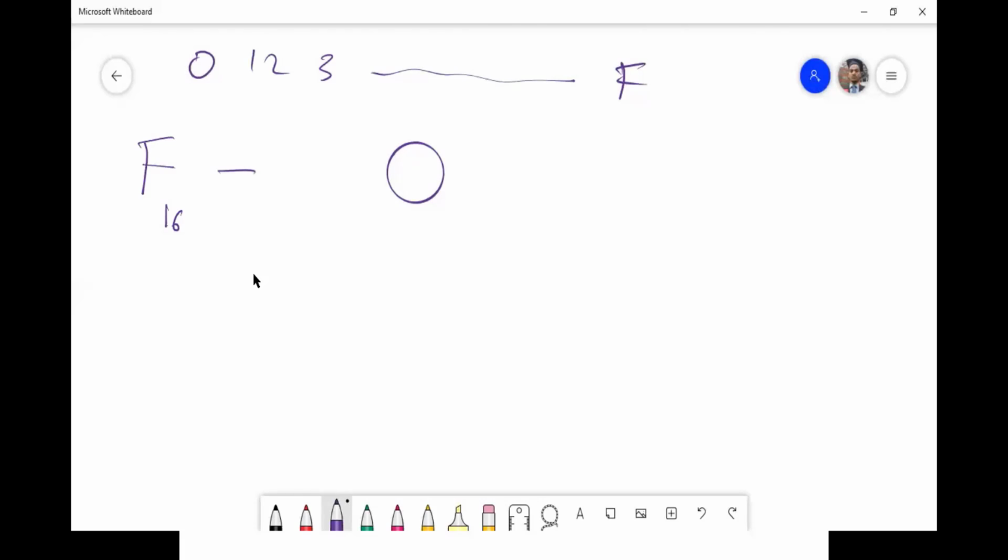In binary, how can we write it? We know binary goes like this: 2 to the power 0, 2 to the power 1, 2 to the power 2, 2 to the power 3. So it is 8, 4, 2, 1. So the highest number is F.